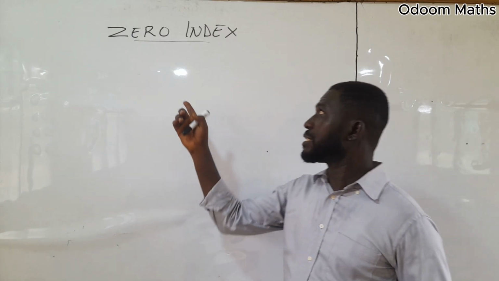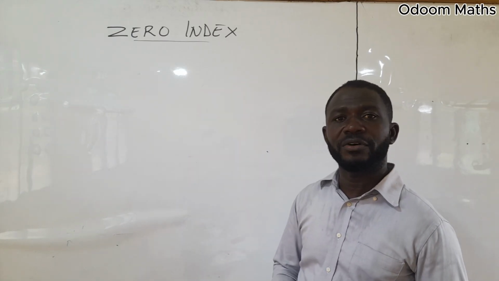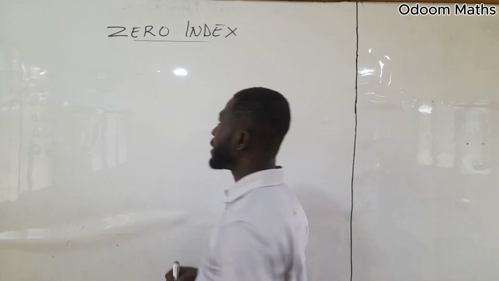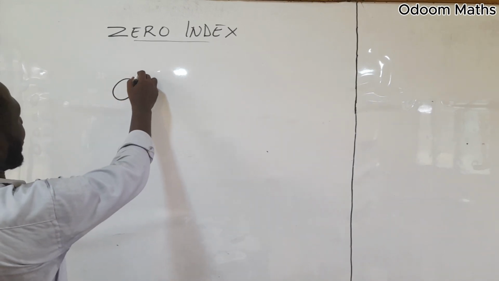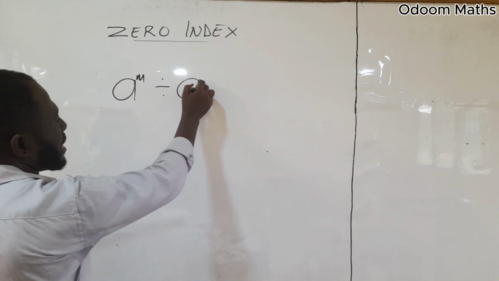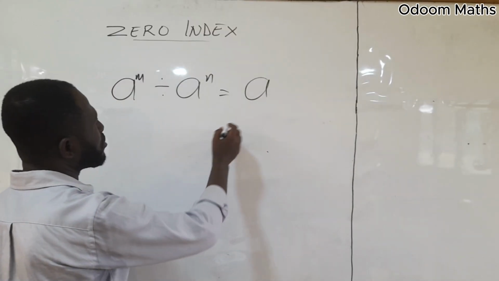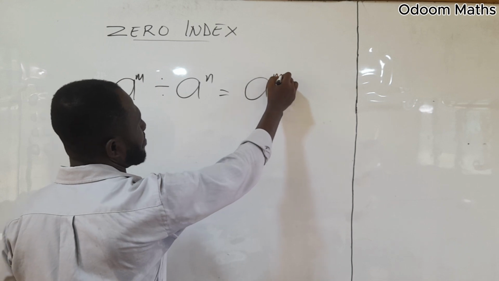Before we look at zero index, let's remind ourselves of the second law of indices, which states that a to the power m divided by a to the power n becomes a to the power m minus n.